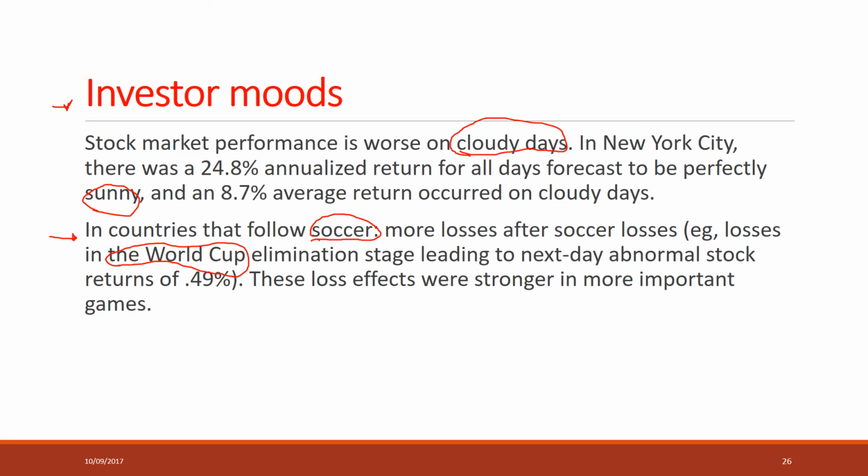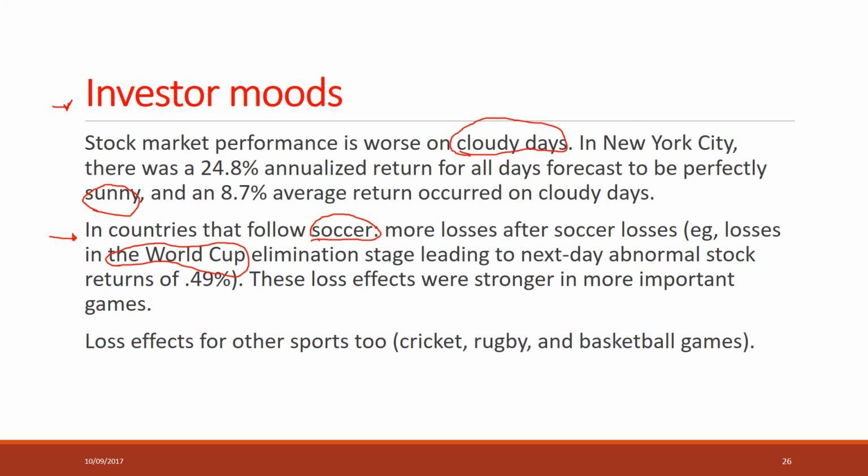If the national team, say the Brazilian team, got eliminated from the World Cup, then the stock market on that day or a few days afterwards tends to underperform. So people tend to make losses after those days.